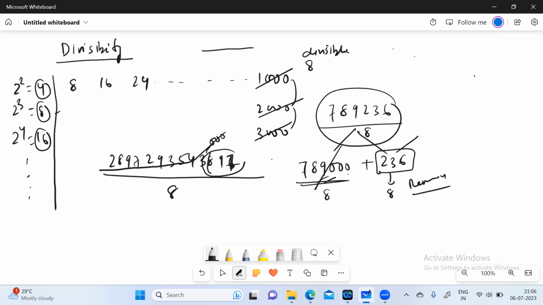So the remainder will come from 897 only. Whatever remainder you get here will be the remainder for the entire number.